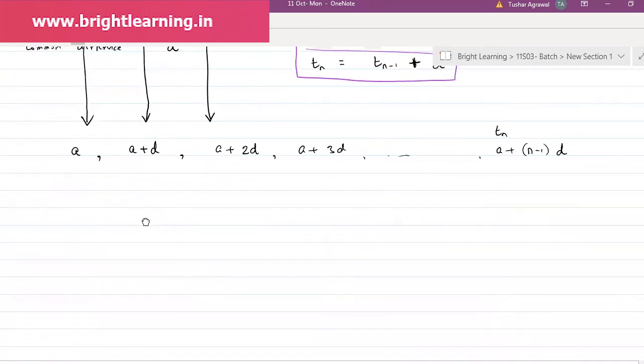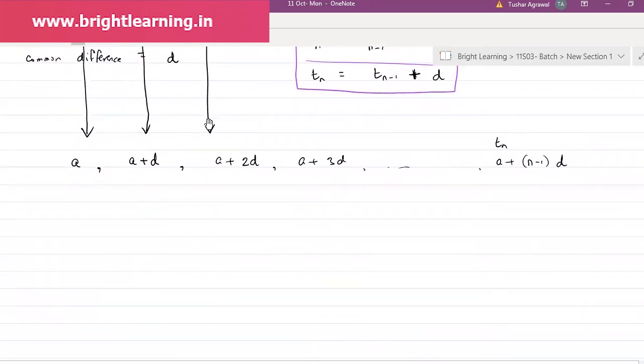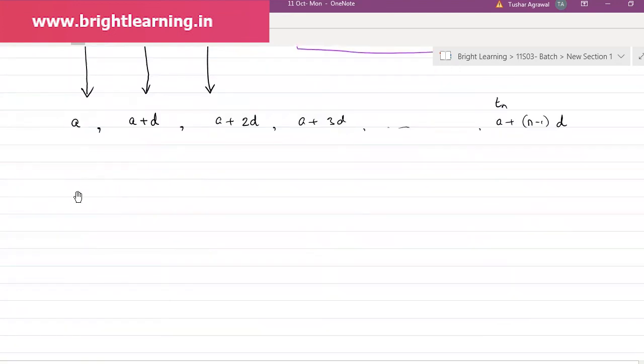If you are comfortable with the jump approach, where the numbers are equally spaced, let me ask true or false. First, A12 is equal to A5 plus 7D.